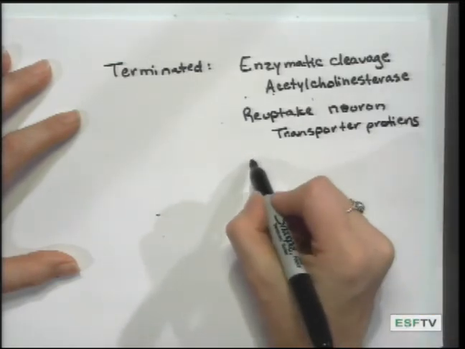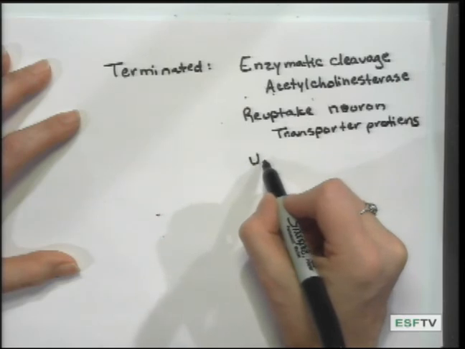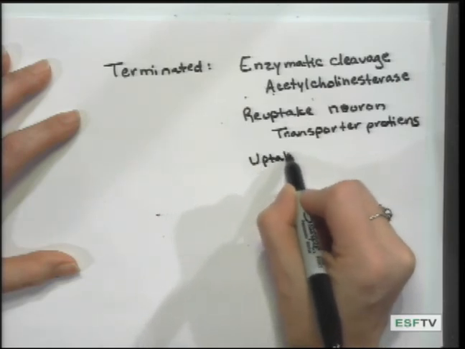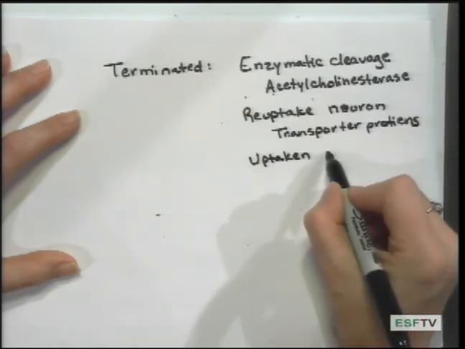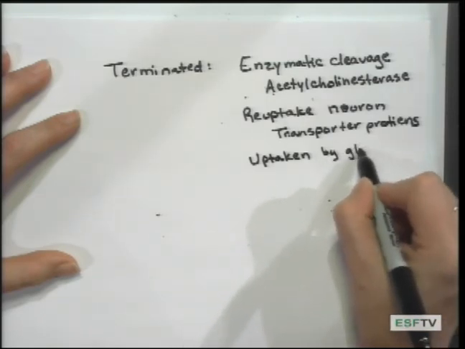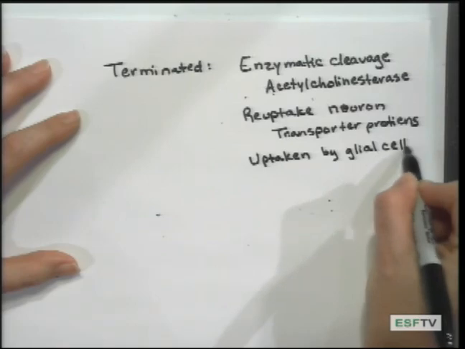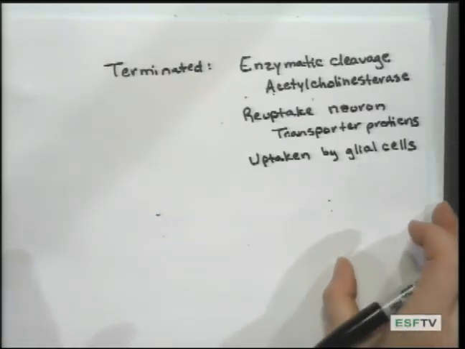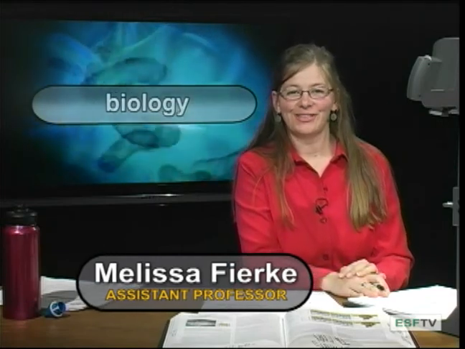And the neurotransmitters can be uptaken by adjacent glial cells. And with that, we'll conclude this section on nerve impulses and how they're transmitted throughout the nervous system.